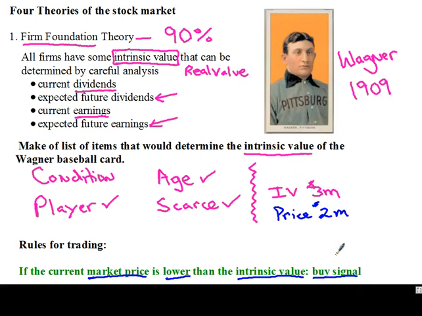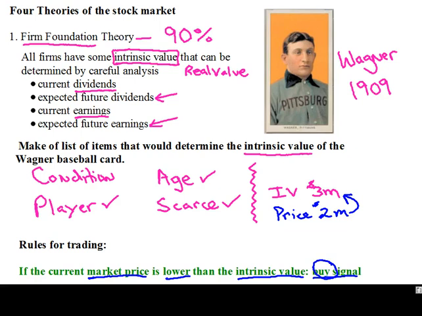Because I believe, and this is fundamental to the idea of intrinsic value, that in the long run, the market price will eventually return to the intrinsic value. That's what I believe. So if I believe the card is worth $3 million and I can buy it for $2 million, then I want to buy it. That's a buy signal.